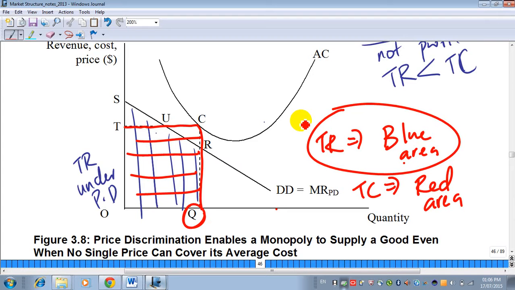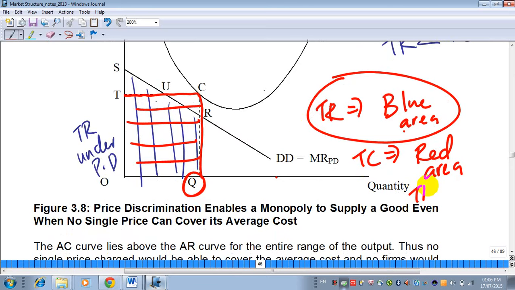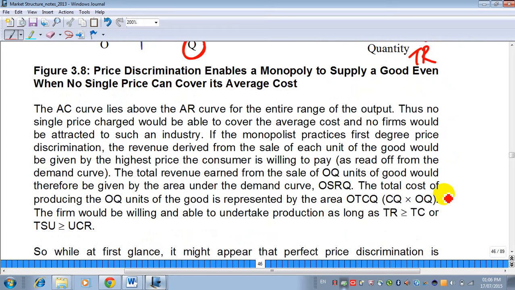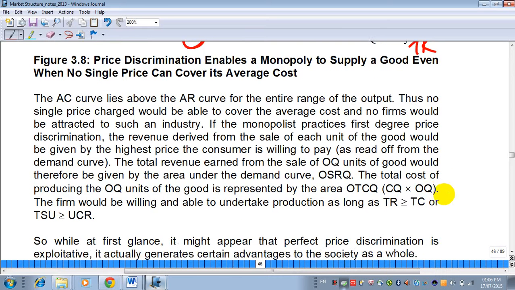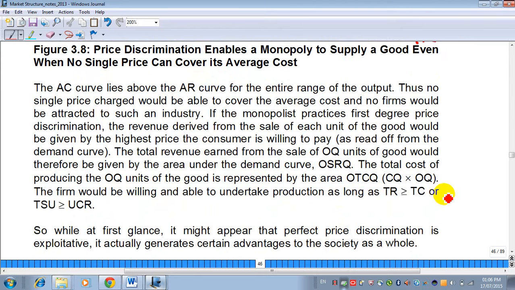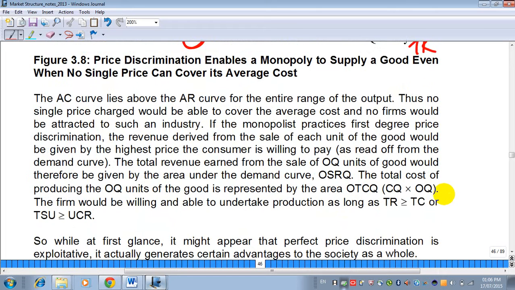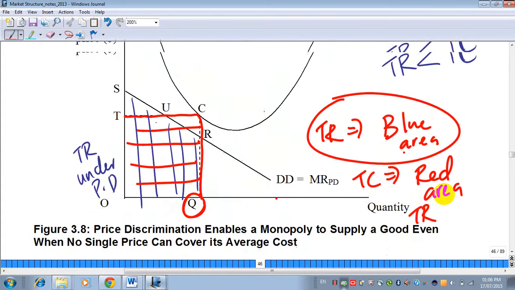It seems to me that the total revenue as represented by the blue area is greater than the total cost represented by the red area.